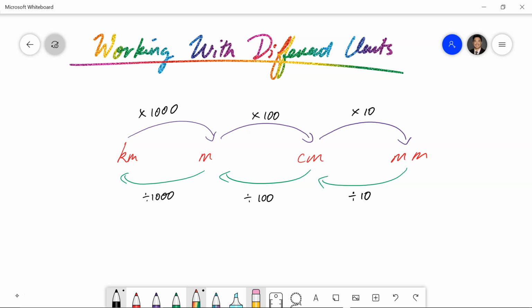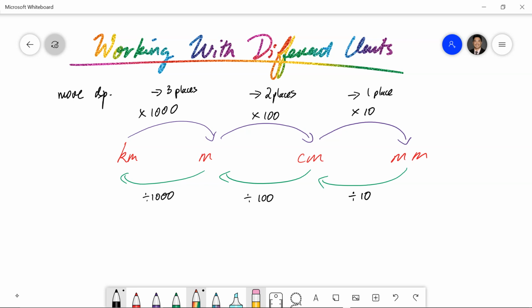The other thing for you to be familiar with at this point is moving the decimal point. When multiplying, we move it to the right 3 places, 2 places, or 1 place.